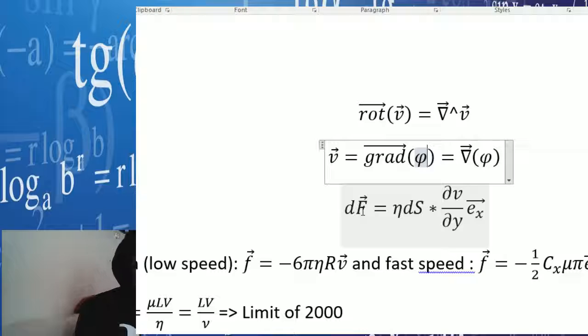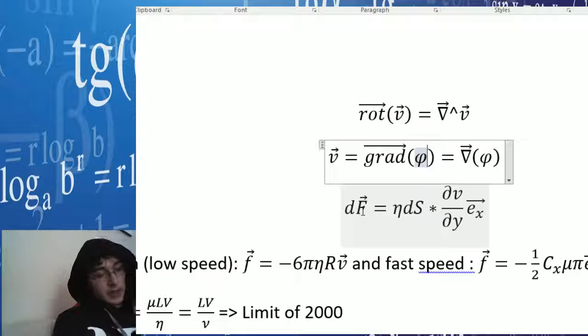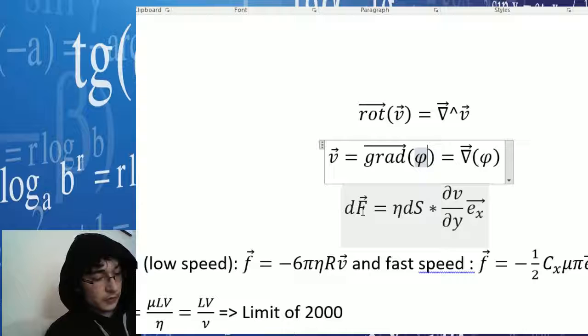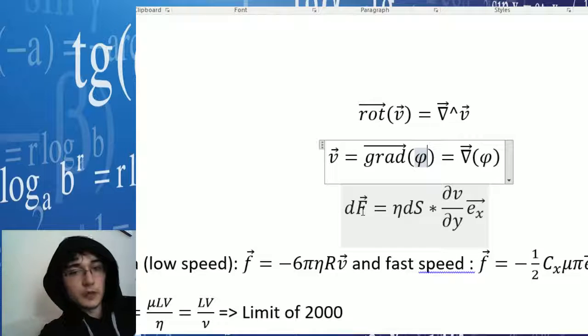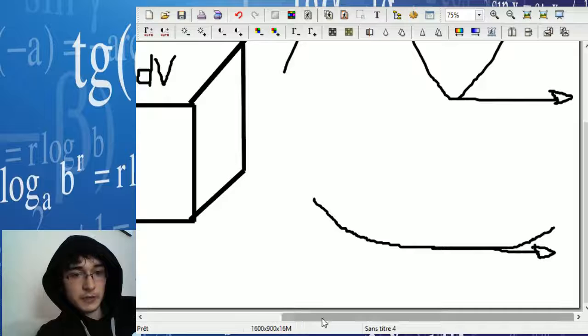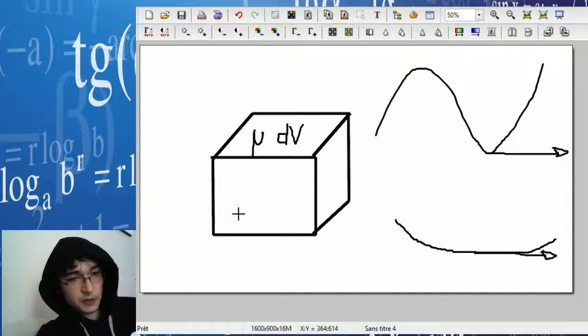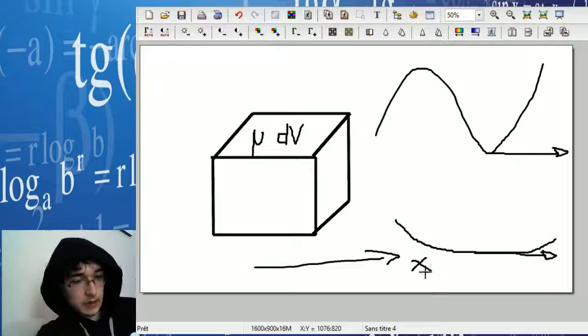For a one-dimensional x-based movement with a gradient following the y direction, the law of Newton giving the elementary force of viscosity on a particle of fluid between y and y plus dy, so that's just the case where we have our particle of fluid going in one direction, the x direction, and you have upward the y direction.